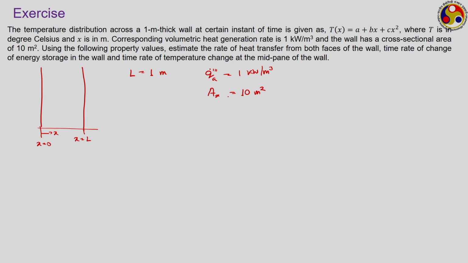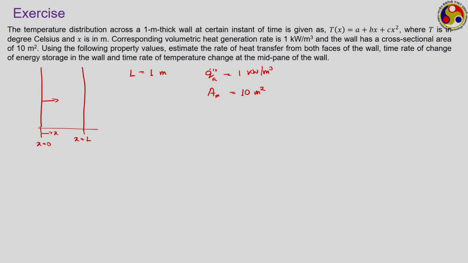You can write A_x also to indicate that we are talking about the area which has its normal in the x direction. This is a one dimensional heat conduction scenario. So, heat is getting transferred from one face of the wall to the other, and certain information is given.